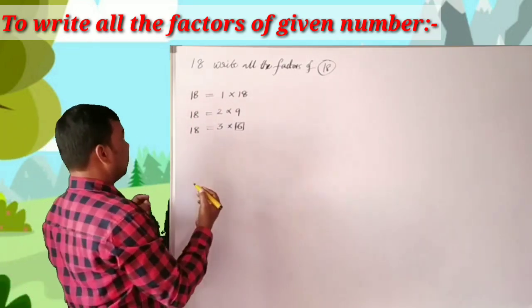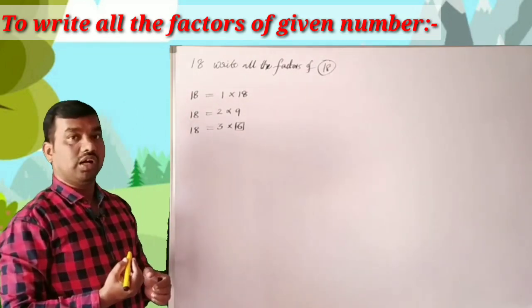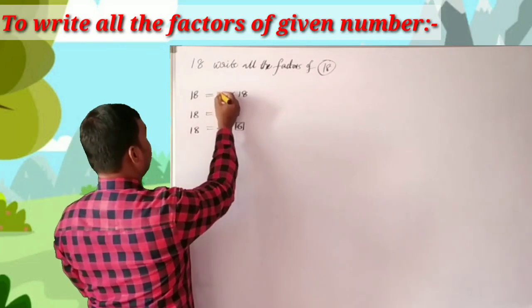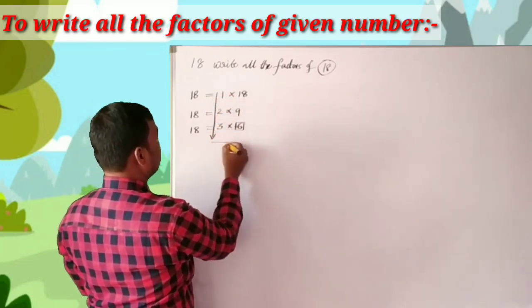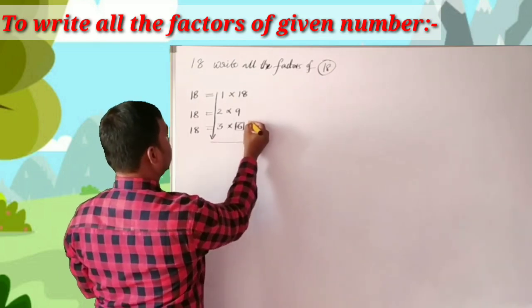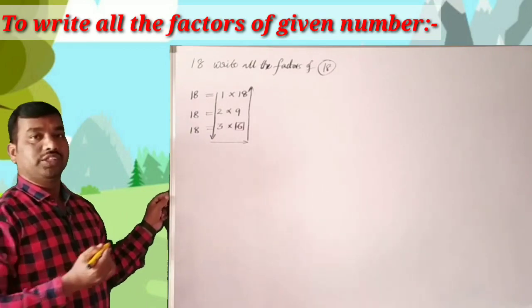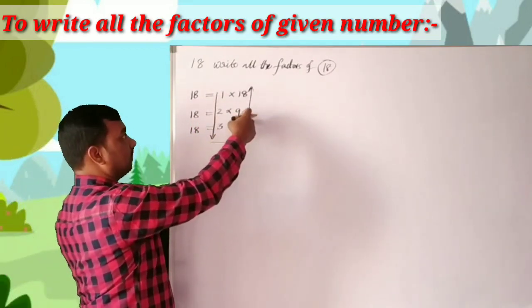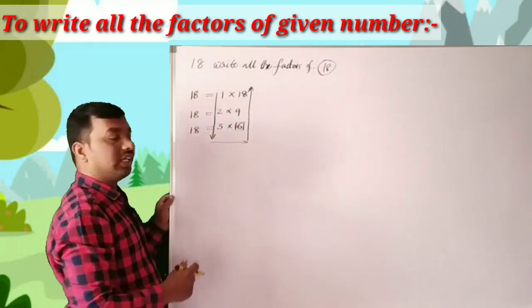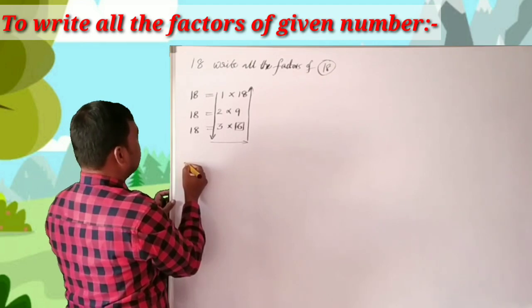You should write these numbers in ascending order. How? First you take 1, 2 and 3. After that 6, 9, 18. So all the factors I am writing.